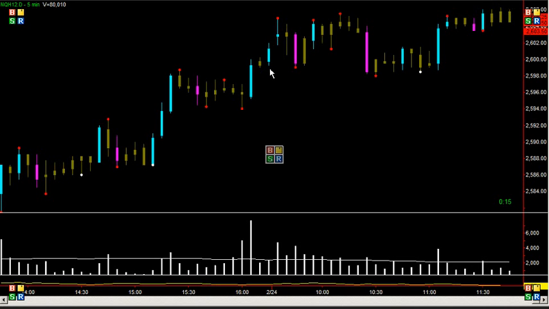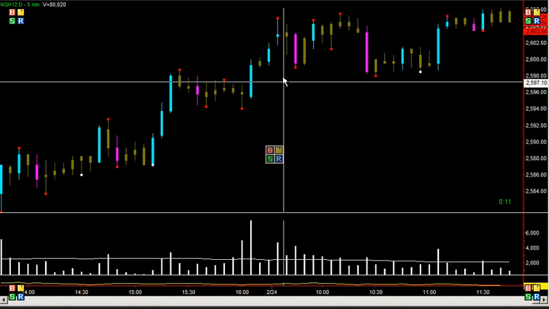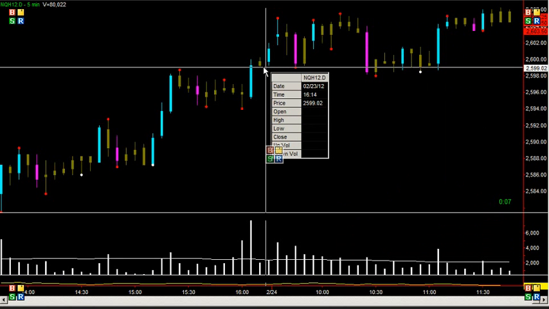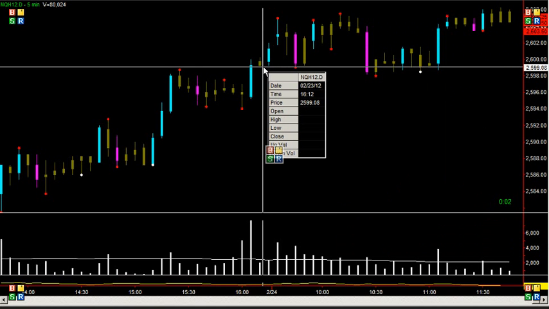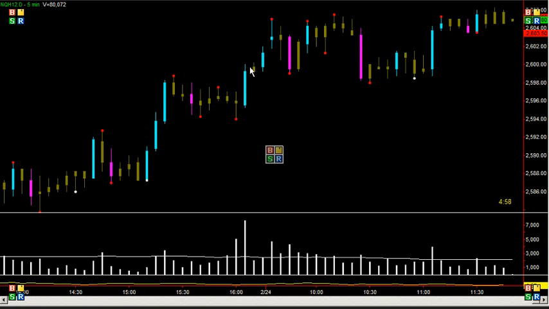And relative to support and resistance, right here is major support in the micro time frame. Right here, this is major support. We have static, new high, dynamic, static, new high.